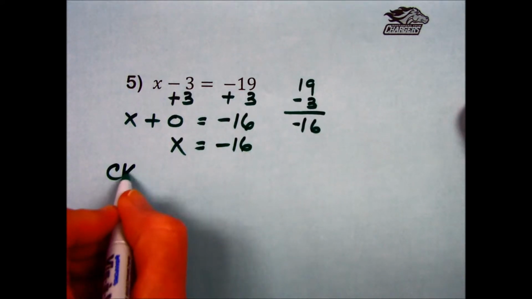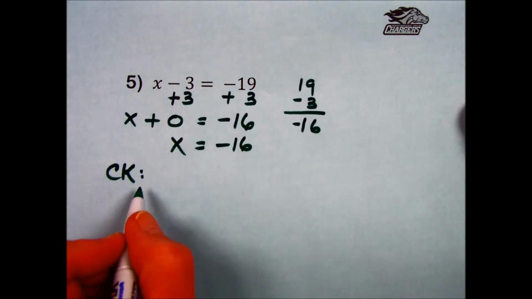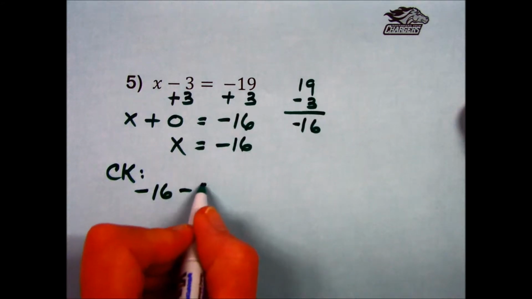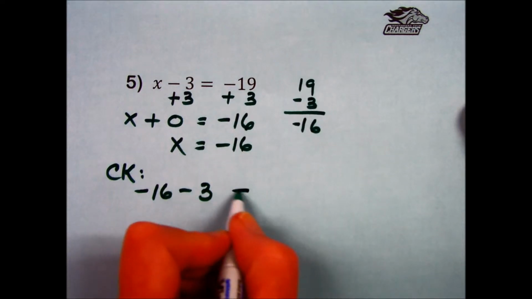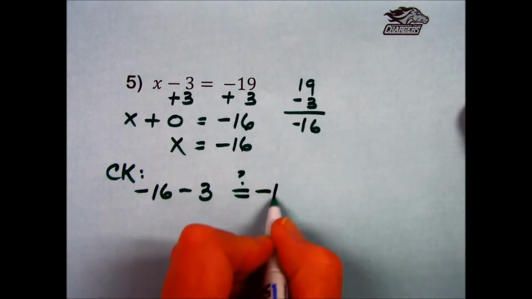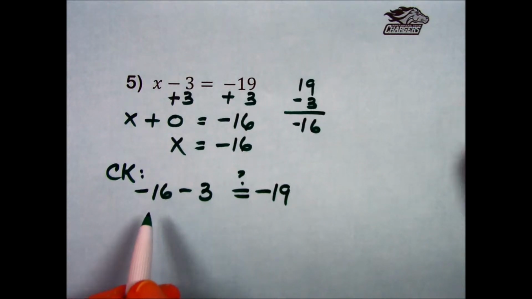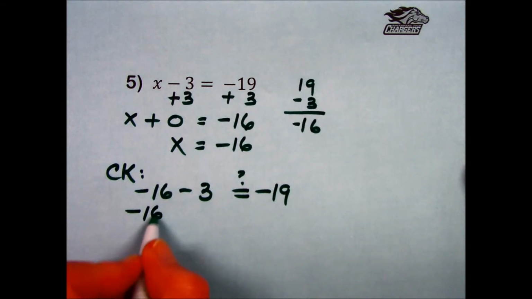To verify this with a check, I'm taking the equation and evaluating it with a negative 16 in place of x. The rest of the equation is x minus 3. Does it in fact equal the negative 19? We have a subtraction of different signed numbers. To simplify that, we're going to use the rule of subtraction.